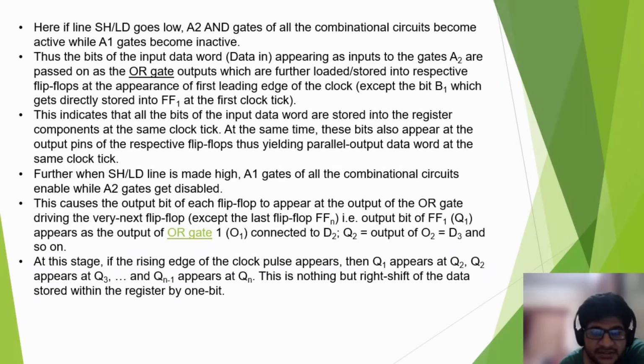At this stage, if the rising edge of the clock pulse appears, then Q1 appears at Q2 and Q2 appears at Q3 and so on. This operation is a right shift of the data within the register by 1 bit.